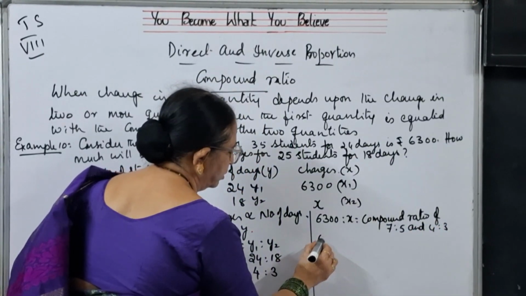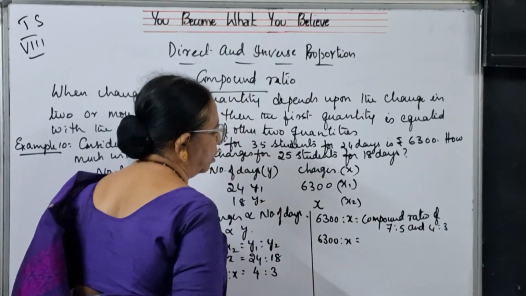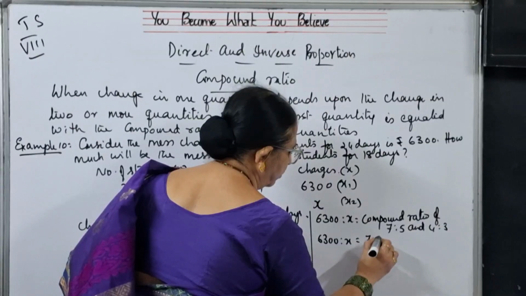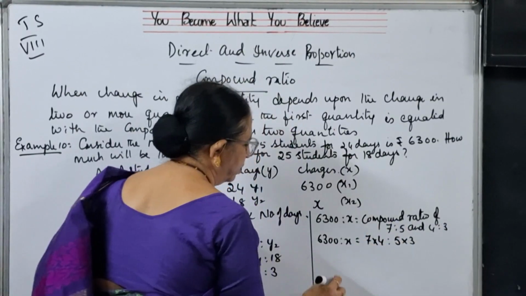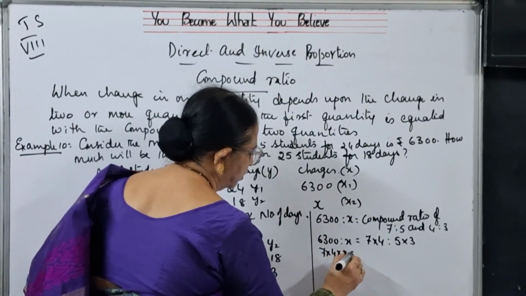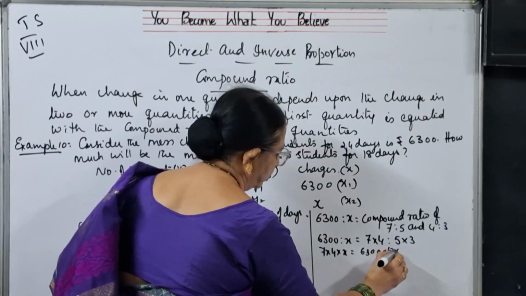That means 6300 is to x is equal to the compound ratio. How will we do it? Antecedent into antecedent, 7 into 4, is to consequent into consequent. That means 7 into 4 into x is equal to 6300 into 5 into 3.